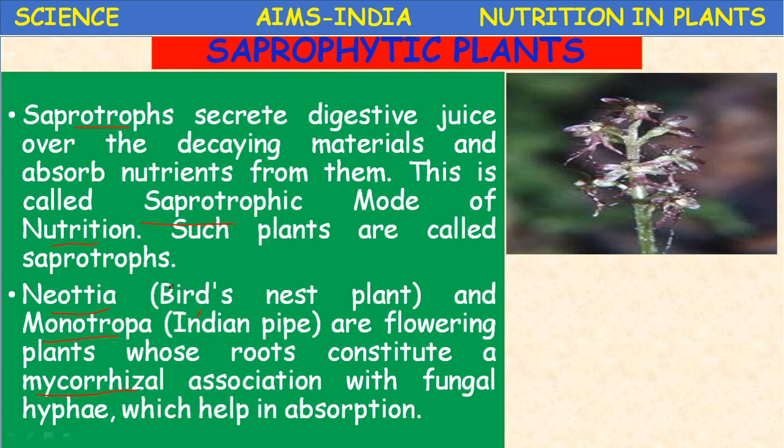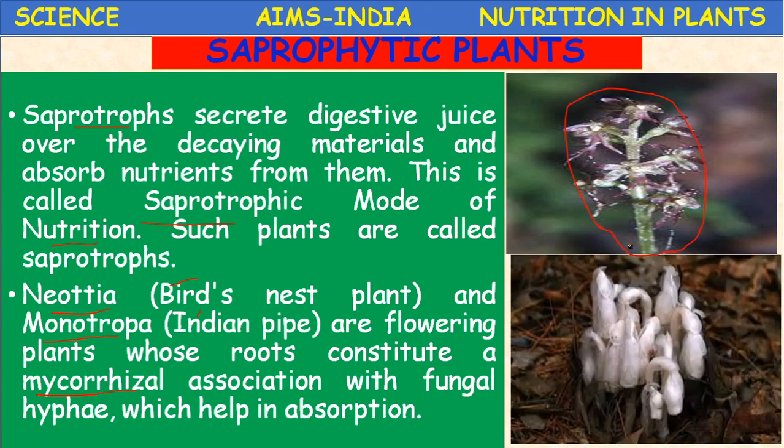Next, this is Neottia. Its root is associated with the mycorrhiza in absorption of nutrients. Next, another one is Monotropa, also called Indian pipe. Its roots are also associated with mycorrhizal fungal hyphae.